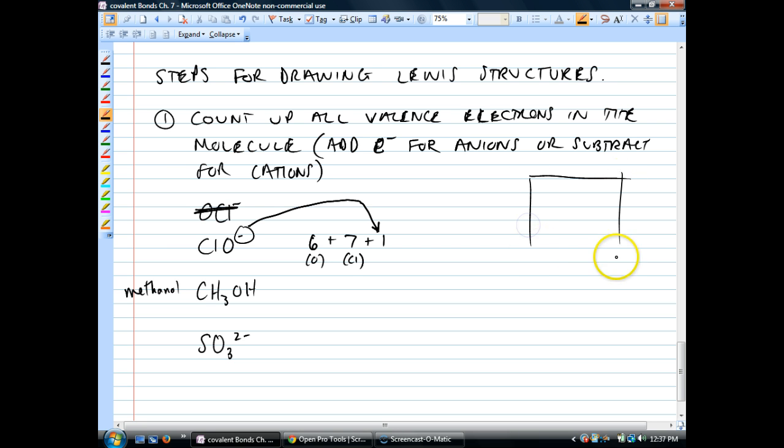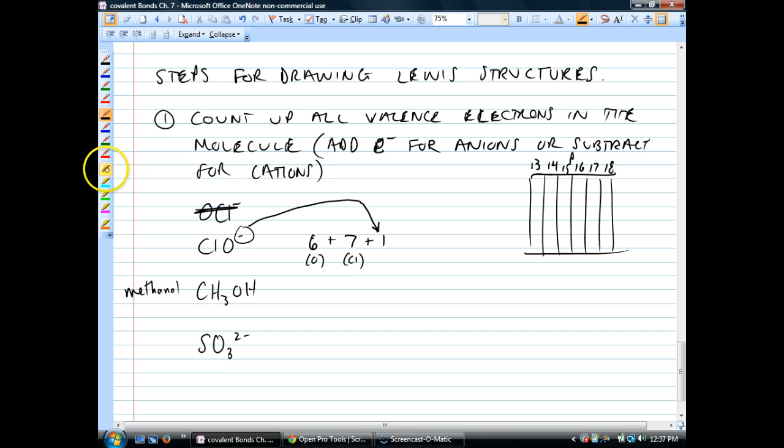If this is a periodic table, this is the p block. Group 13, group 14, group 15, group 16, group 17, group 18, and the valence electrons is 3, 4, 5, 6, 7, 8.